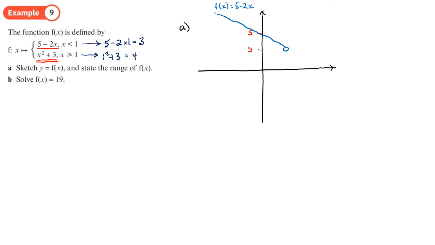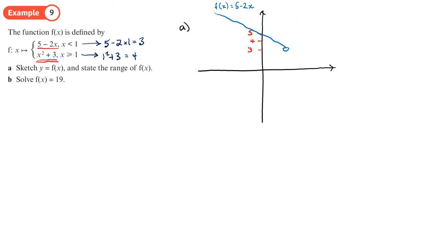Then the other graph is going to take over, the quadratic. That starts at 4, so it's going to start from here. This quadratic is U-shaped because it's x squared plus 3. I want to carry on the graph from round about there.